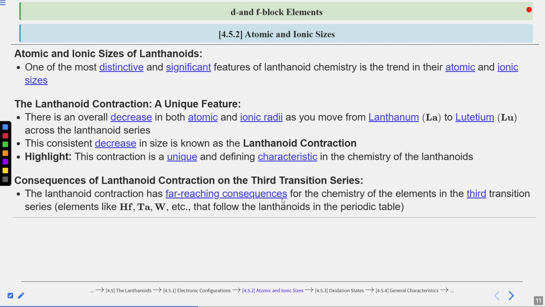So the 5d series is affected, where elements like hafnium and tungsten that follow the lanthanoids in the periodic table are present. Lanthanoid contraction is going to affect the third transition series elements.